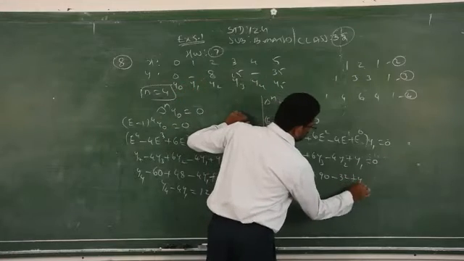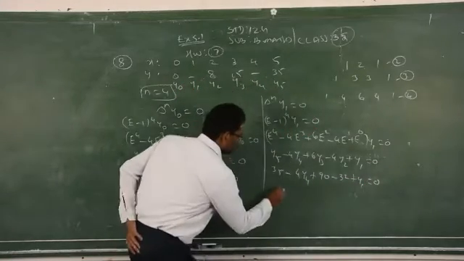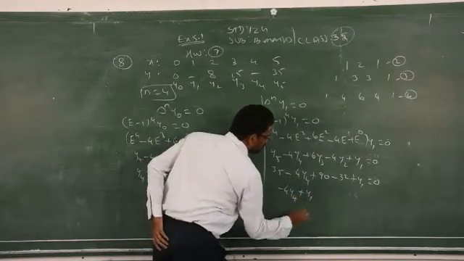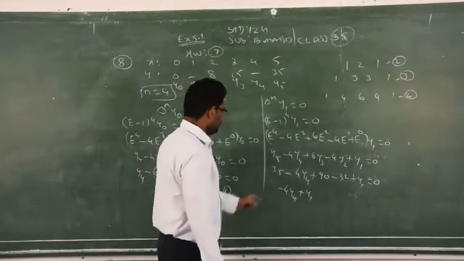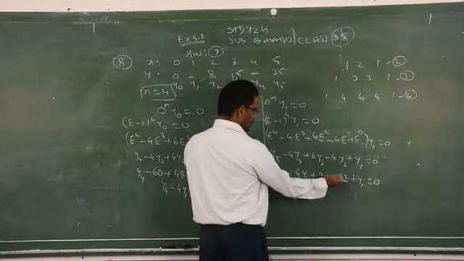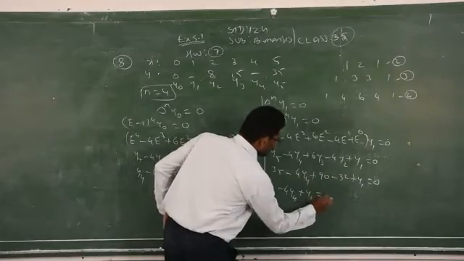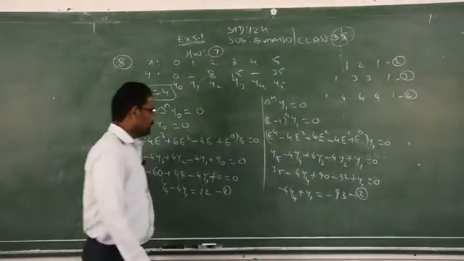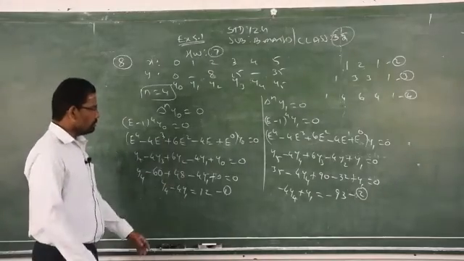Plus y1 is equal to 0. So, minus 4y4 plus y1, just simplify these two, 35. 35 minus 32, 3. So, 93 is minus 93, equation number 2. Just you have to solve these two.